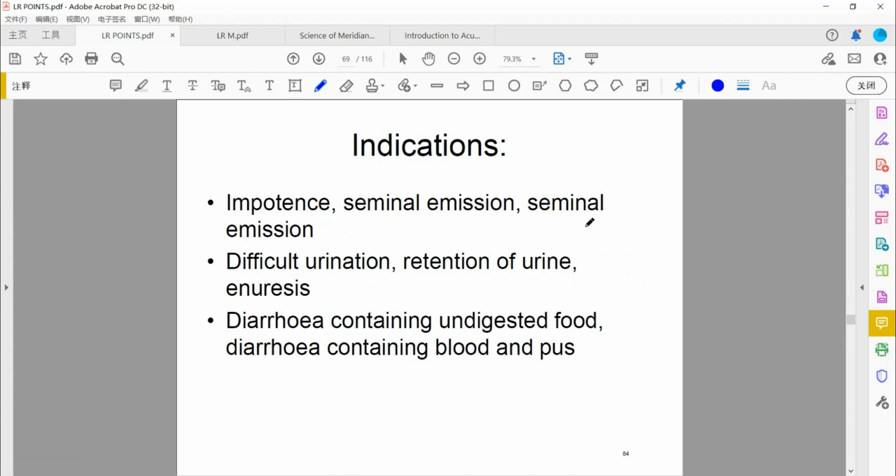Impotence, seminal emission, difficult urination, retention of urine, enuresis, diarrhea containing undigested food, diarrhea containing blood and pus.